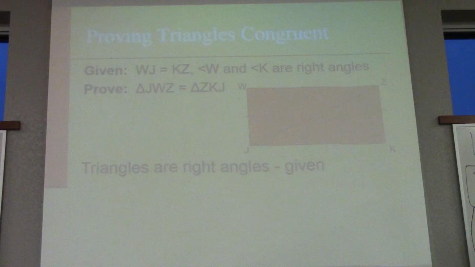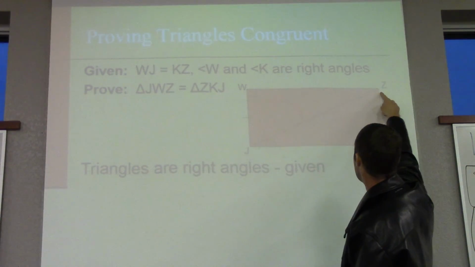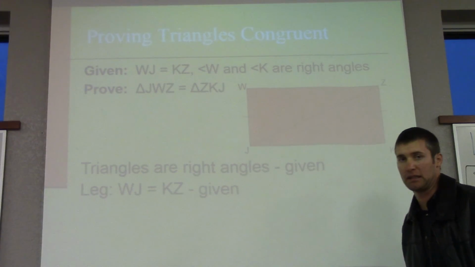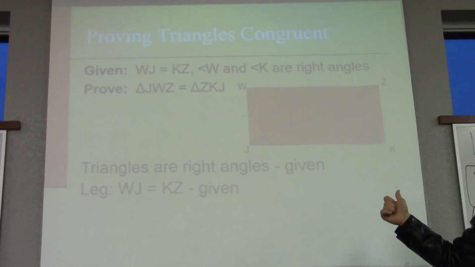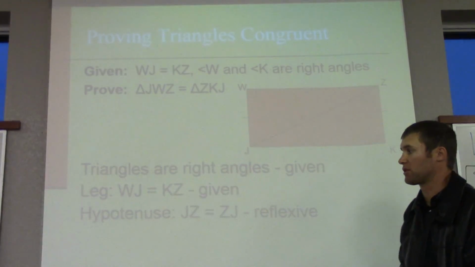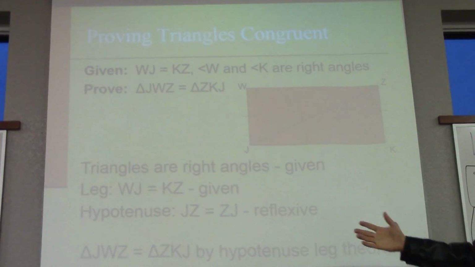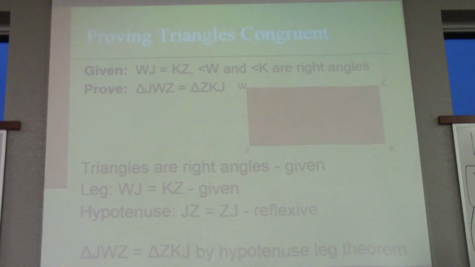And then let's go to our given though. So we know that WJ and ZK are equal because it's given to us. So we have right triangle, we have the leg, and now we have a hypotenuse because of the reflexive property. So you have hypotenuse, leg, and right triangle. So therefore we'd say triangle JWZ is congruent to triangle ZKJ.